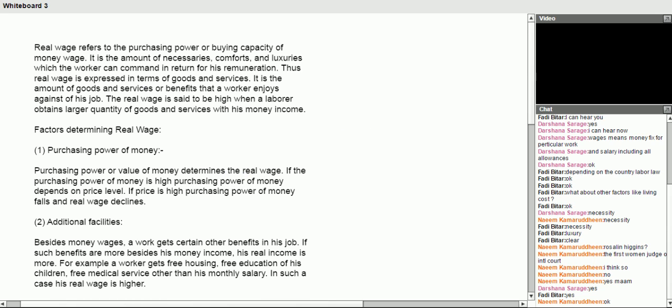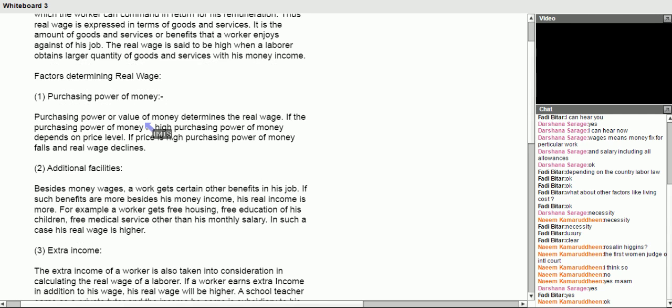So what are the factors? The first factor is the purchasing power of money. So purchasing power of money determines the real wage. If the purchasing power of money is high, the real wages will be high, and the purchasing power of money is dependent on the price level.